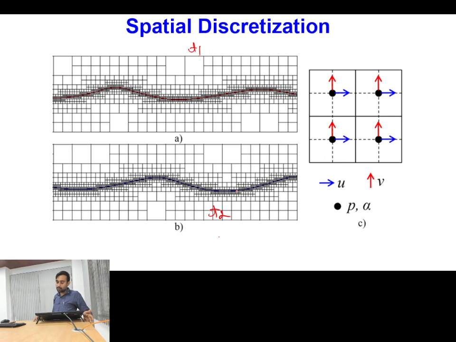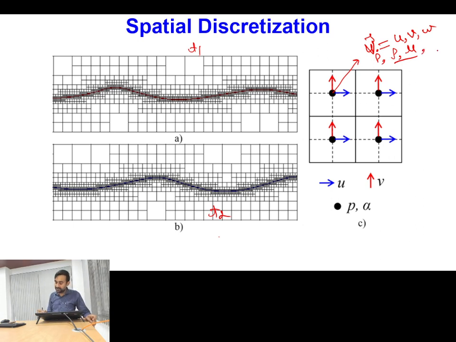Typically a collocated grid structure is one where on a single node point, you are storing the values of all field variables. All field variables means all scalars and vectors. For example, a vector can be the velocity vector, containing u, v and w components. Scalar fields can be pressure, and many times properties like rho and mu are also considered scalar fields.